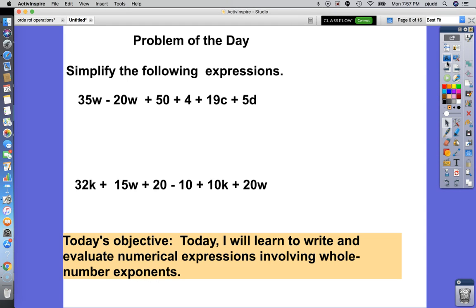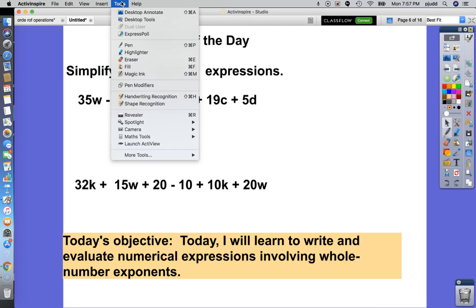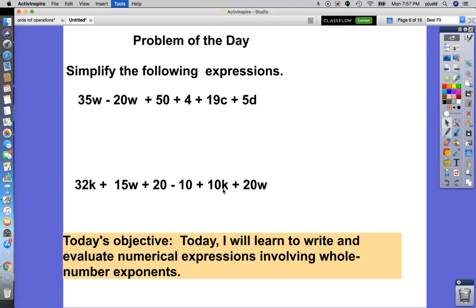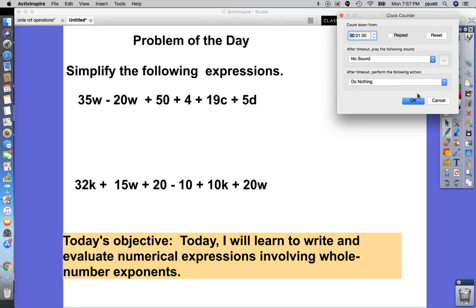Problem of the day. You are going to have 3 minutes, and in that 3-minute time, you are going to be writing down both of the expressions here and combining them. I'm going to move this up.